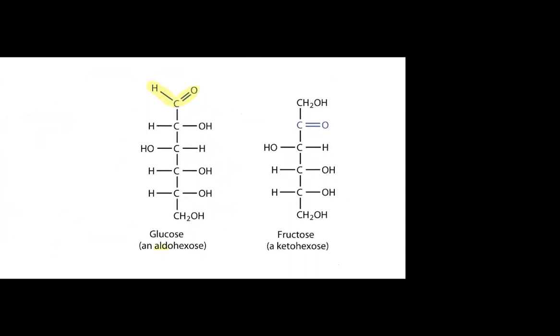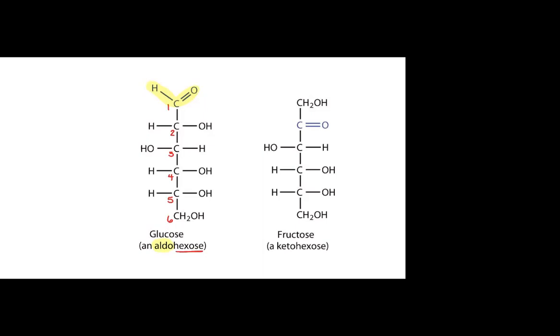That's why we have aldo in front of hexose. The hexose just represents that glucose has 1, 2, 3, 4, 5, 6 carbon atoms. That's where the hexose comes from.